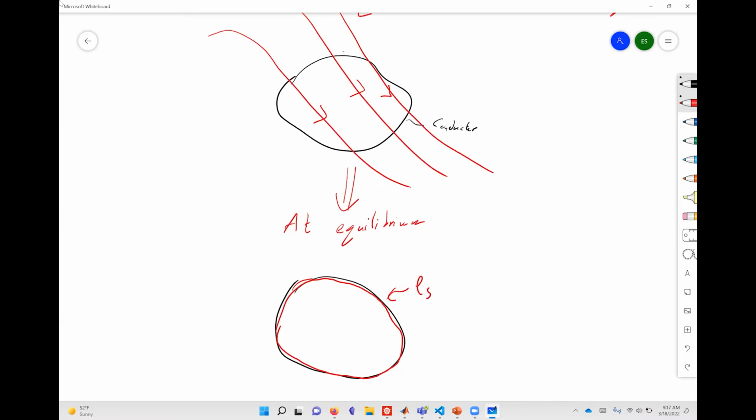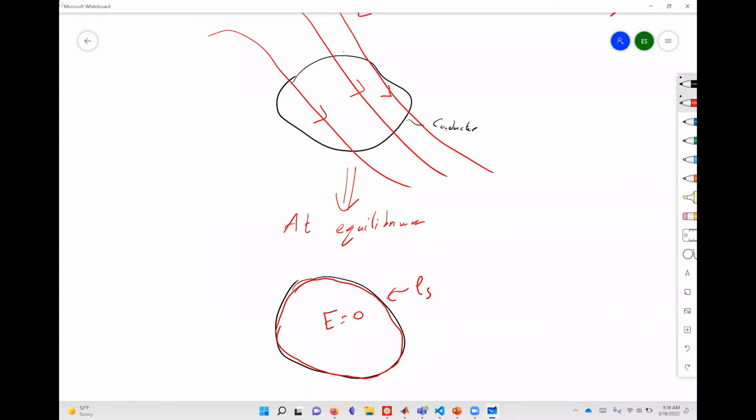What are the conditions for steady state? The condition for steady state is that there should be no more electrical field inside, because whenever there's an electrical field, I'm going to have moving charges. Remember, this is an ideal conductor, so there is a tremendous amount of free charge inside the conductor. We will never run out of free charges.